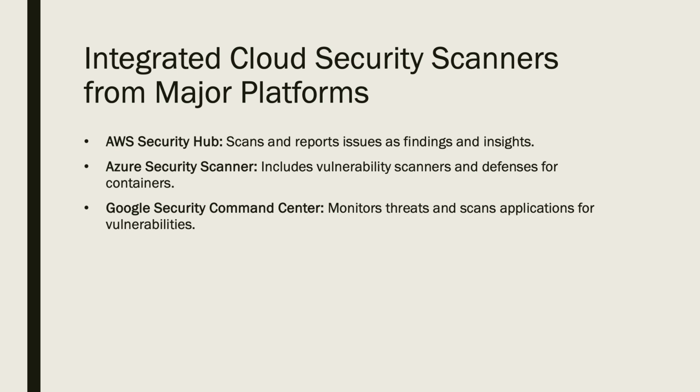Azure uses blobs, I believe is what they're called, as a container, which can be accessed through a URL. So, I'm sure the scanner just scans the URL and looks for any vulnerabilities and makes sure that everything is sanitized correctly. Google Security Command Center is Google's proprietary scanner that monitors threats and scans applications for vulnerabilities.